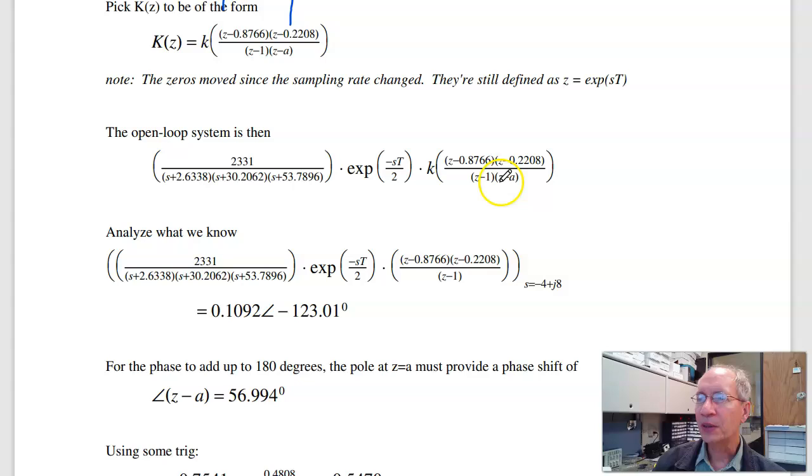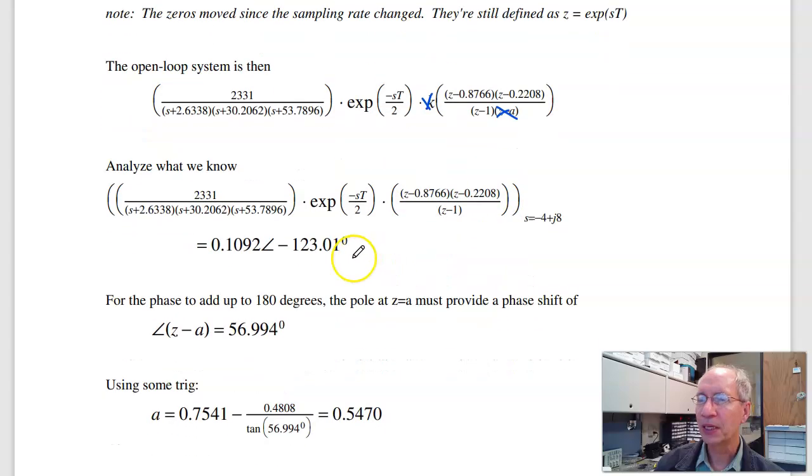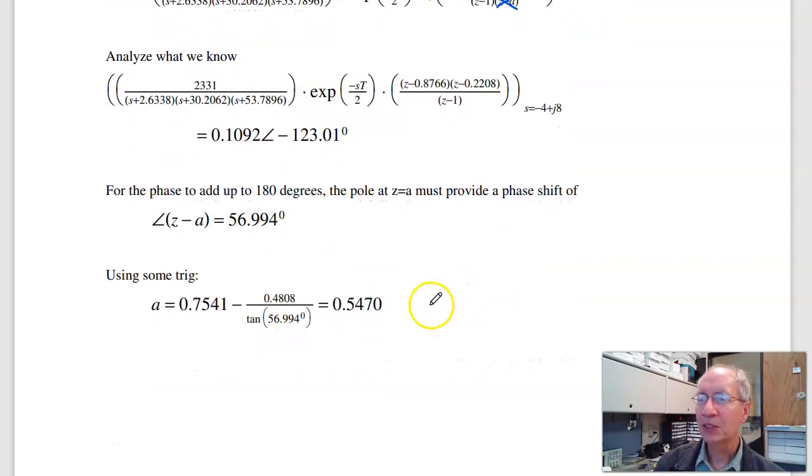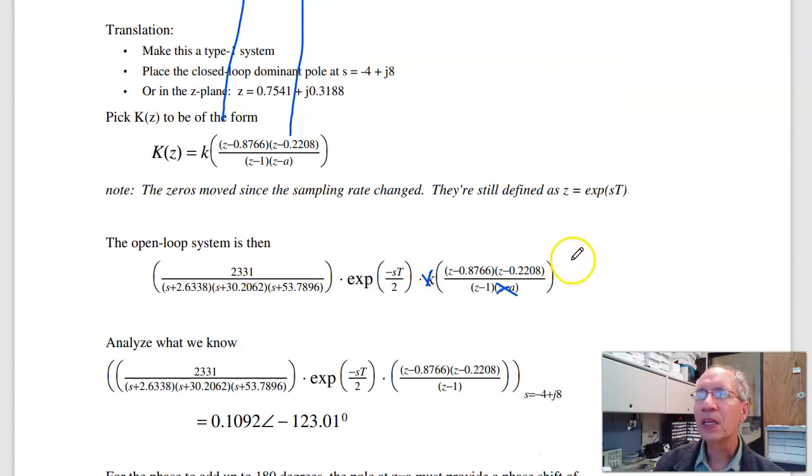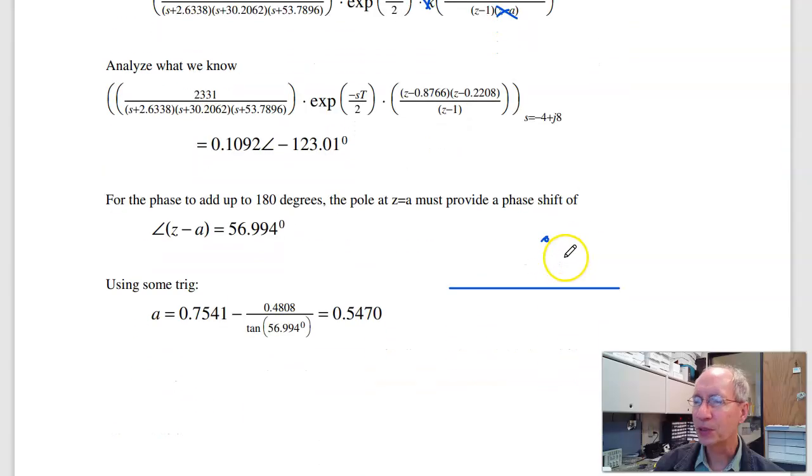I want to find out what is A to make the angles add up to 180. So analyze everything that I know. Don't know K, don't know this term. Analyze everything else at my design point. I get minus 123 degrees. I'm off by 56. So again, doing some trig. Here's my design point in the z-plane. It is 0.75 plus j0.31.